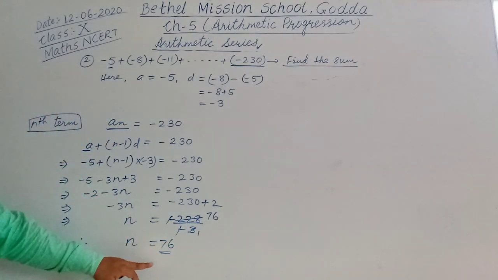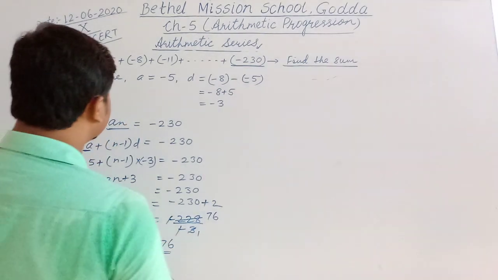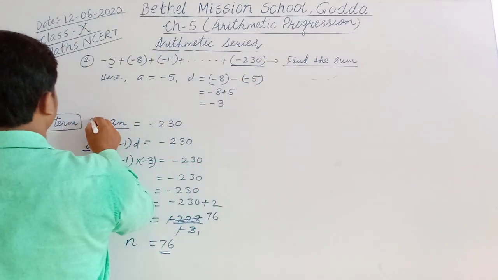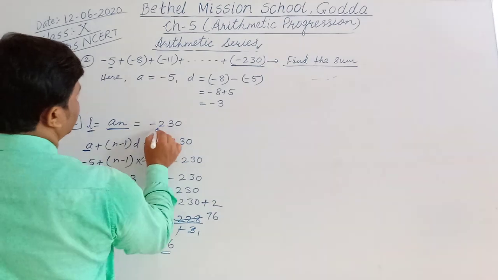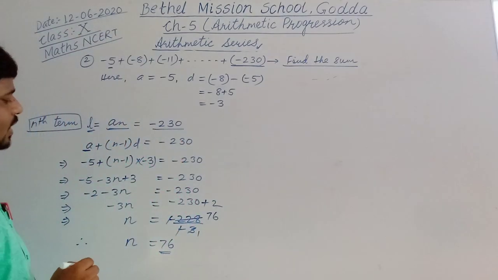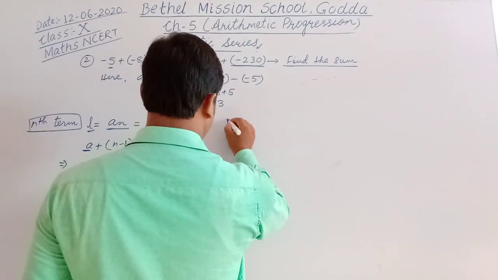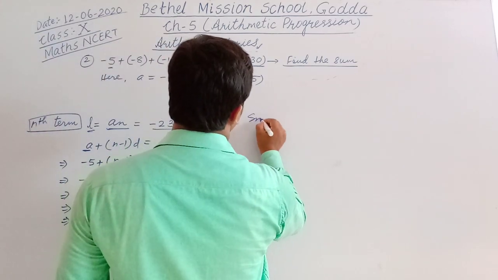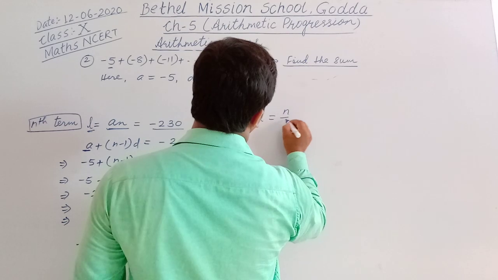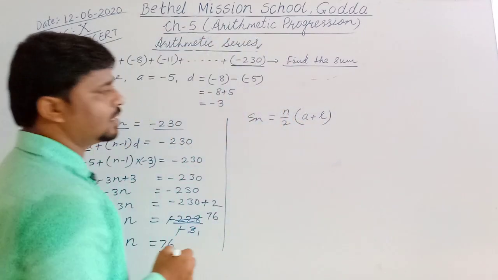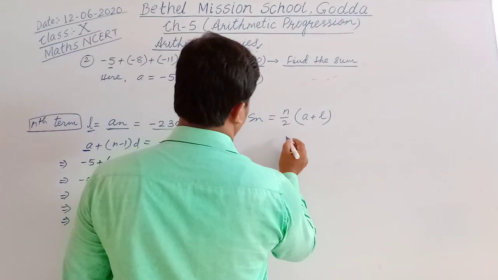Now the value of n came, and the last term L is already there, -230. So we will use the first property, and the first property is Sn equal to n upon 2 of a plus L. This is the first property I told you.